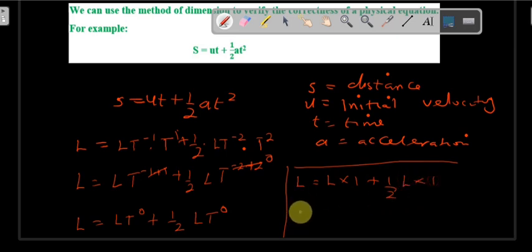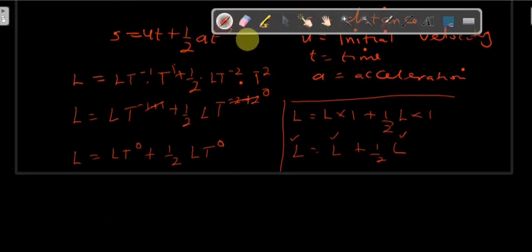When you work that, this is going to be L is equal to L plus half L. So you can see that on both sides, the only physical quantities that are present are length and length. So this is dimensionally what? So we can say that it is dimensionally what? Correct.